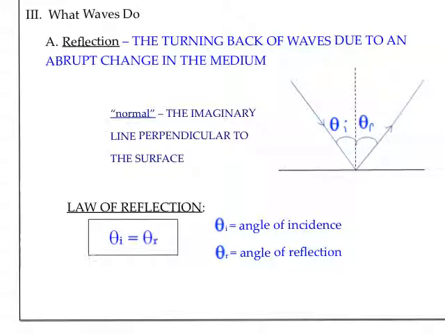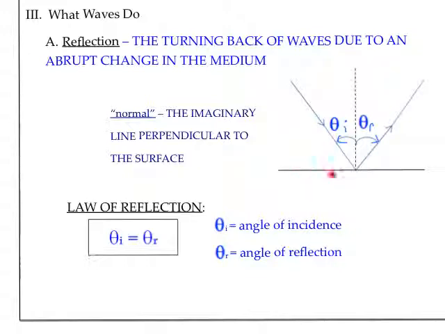Now, what we need to do is measure from this thing called the normal line. The normal line is an imaginary line that's perpendicular to our surface. We always measure our angles outward from the normal line because you may not always have a flat surface.